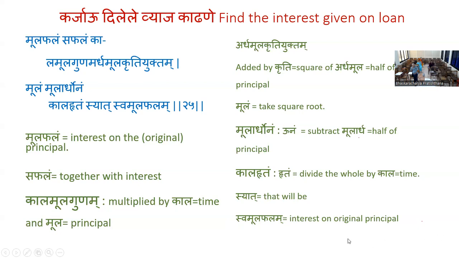So interest on the original principal, that is 10, was our answer. So this is how he has explained this formula which you get by the quadratic equation solution. Swamoola phalam. Phala is used for whatever function that you have in mind. This function is interest here on the original principal.